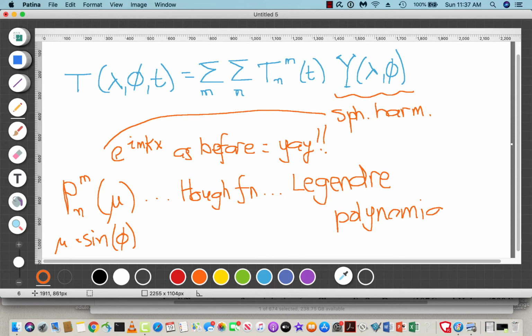So in that sense, it's like the Bessel functions from earlier or the Hermite polynomials from earlier. It's a polynomial which solves Legendre's ordinary differential equation. Okay, it's just that there's lots of them. So let's have a look at how that works.